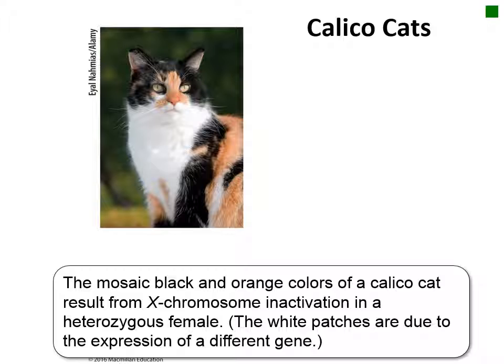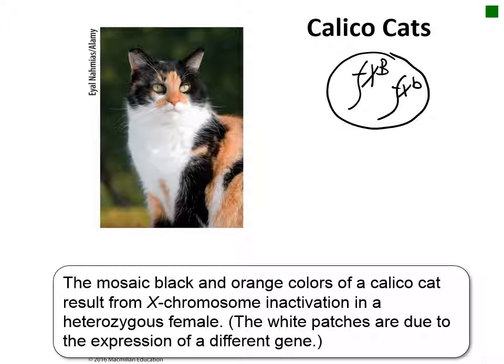However, if she is heterozygous, then the cells will be producing different proteins. A good example is calico cats. The orange and black fur color is an X-linked gene with two different alleles, black and orange. So this cat's cells at fertilization would have had an X with the black allele and an X chromosome that contained the orange allele.